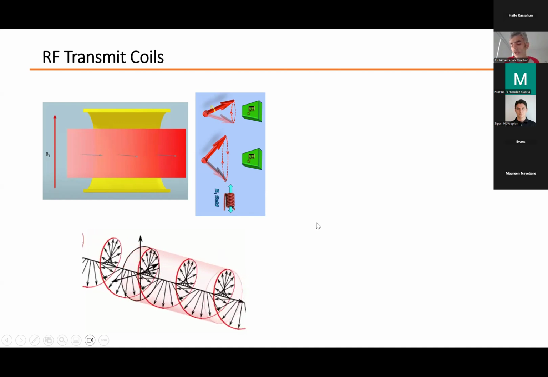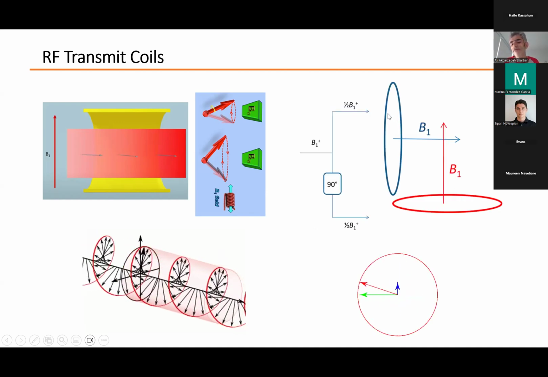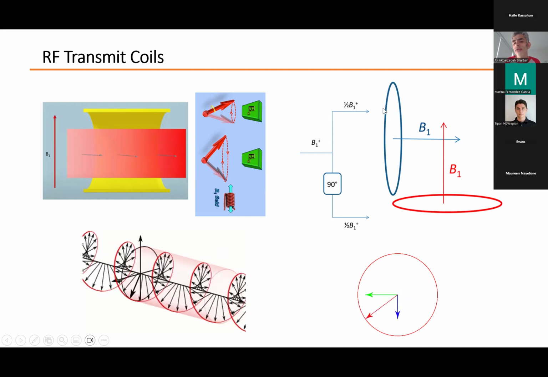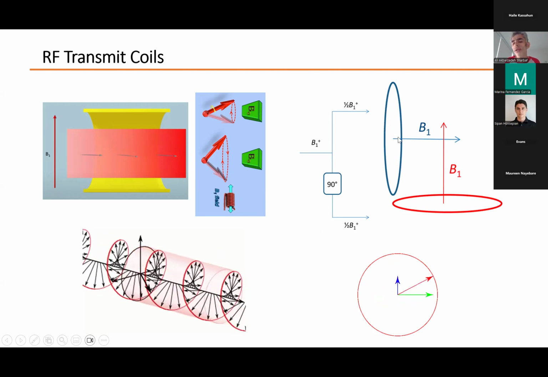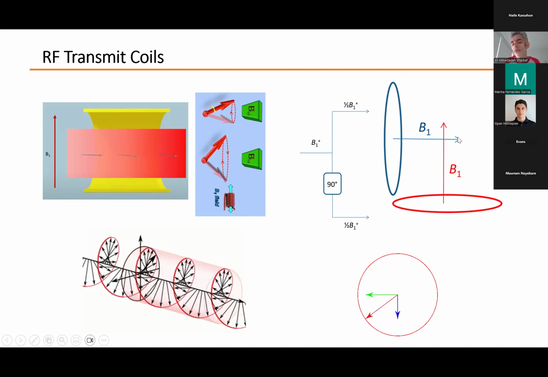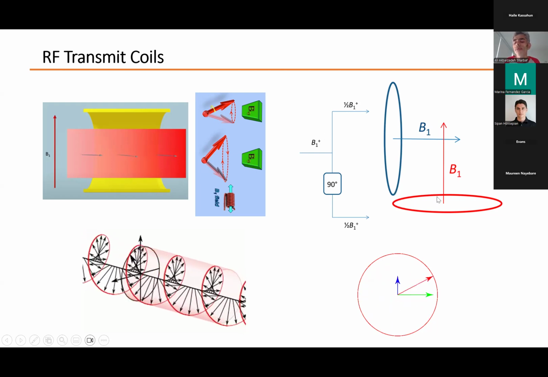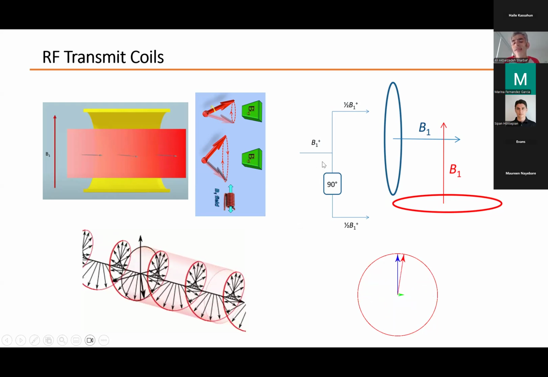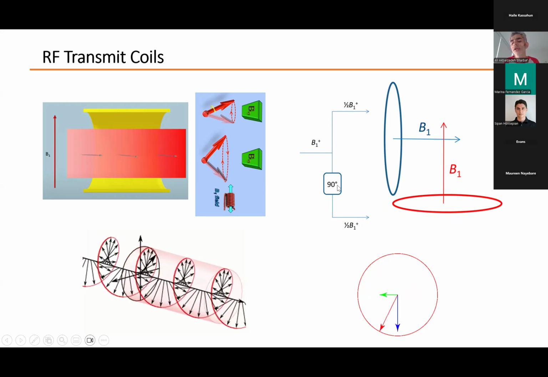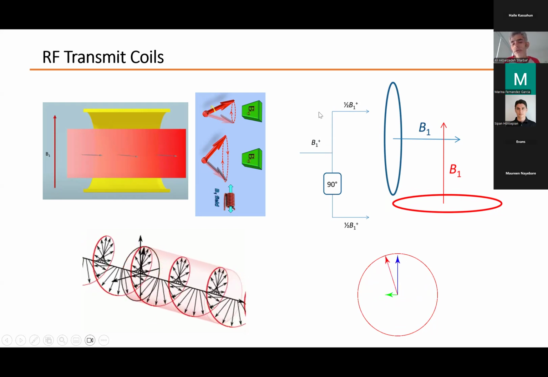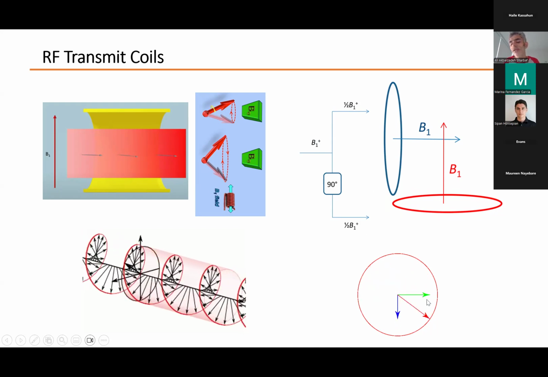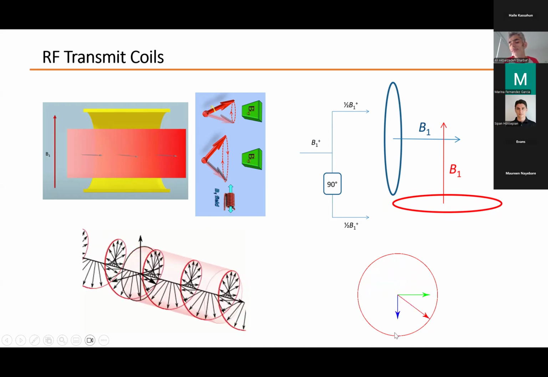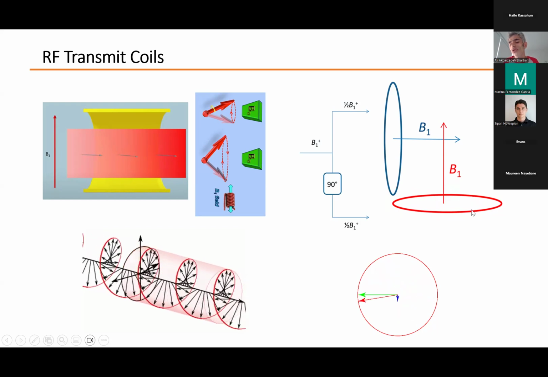But the question is, how can we generate this circularly polarized magnetic field? There are different approaches. The simplest way is to have two separate loops, because when you apply a current into a loop, it generates a linearly polarized magnetic field. If we use two loops and apply currents with a 90-degree phase shift to them, we will get these two fields.